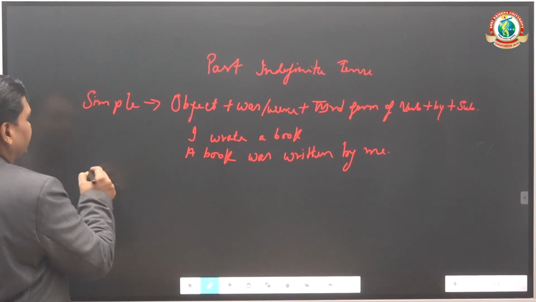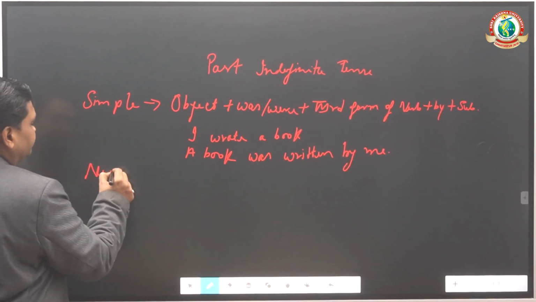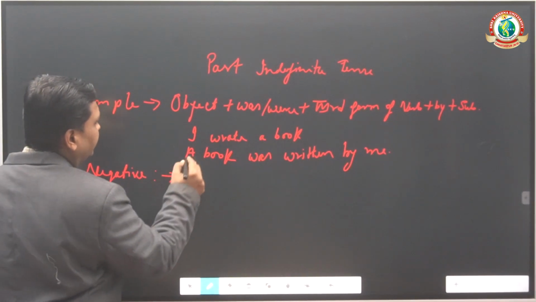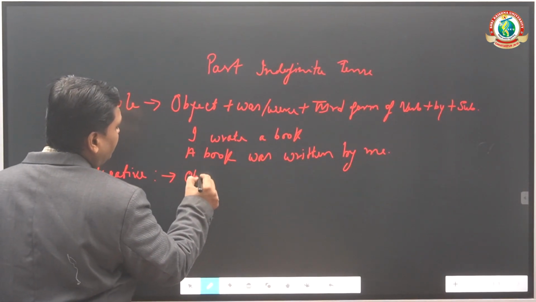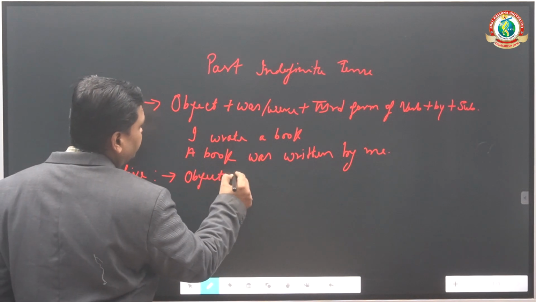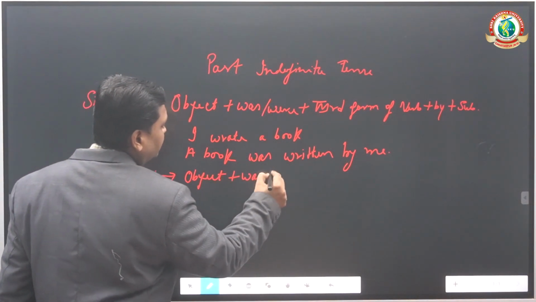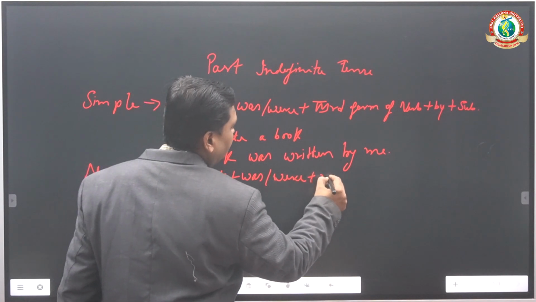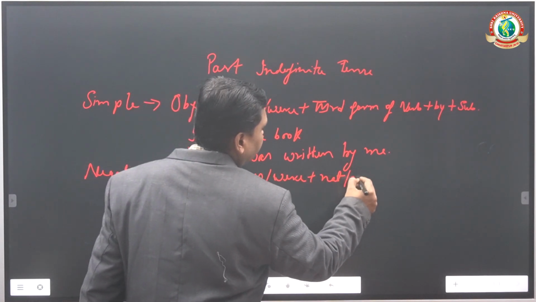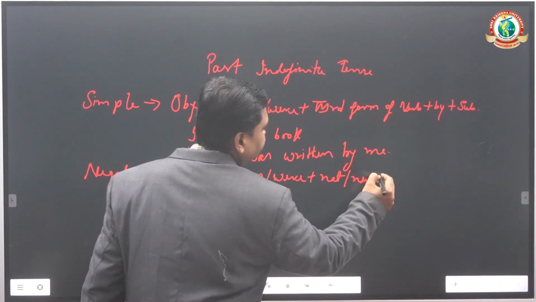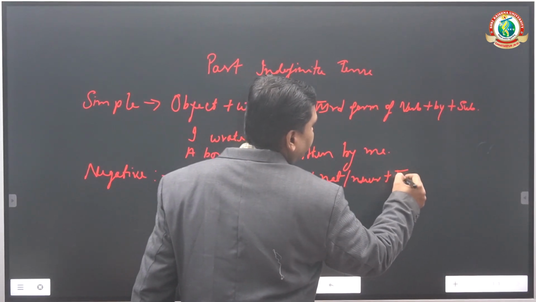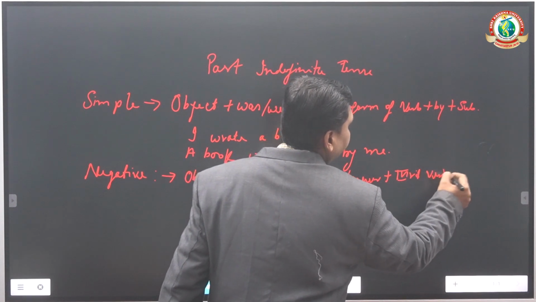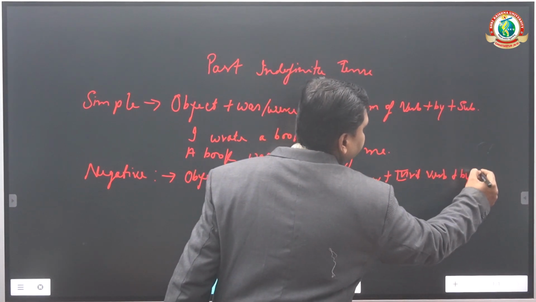This is simple. And negative is just as simple. The structure will be object plus was or were plus not or never plus third form of verb plus by plus subject.